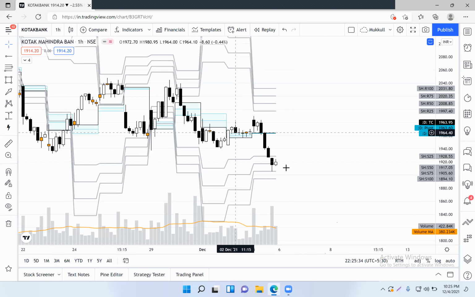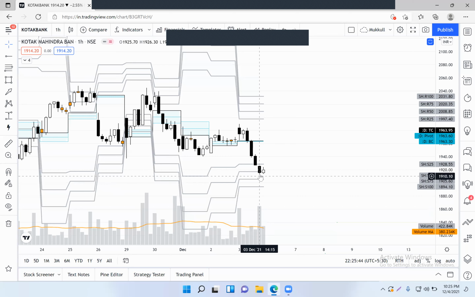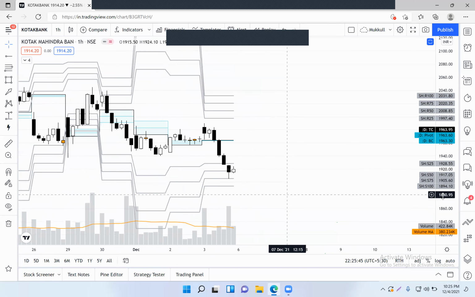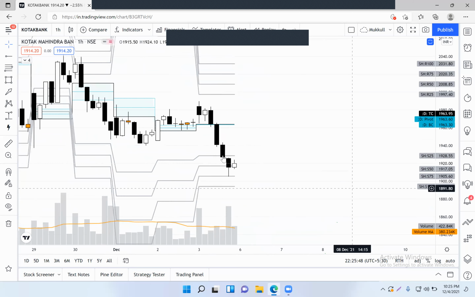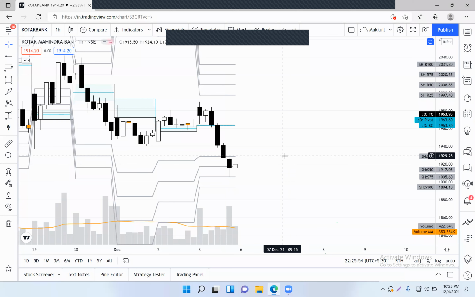Look, S25 break किया, ठीक है? It stopped here with good volume, volume भी अच्छा खासा था. And then if on the next day it takes out this particular level, 1930, consider round off, ठीक है?